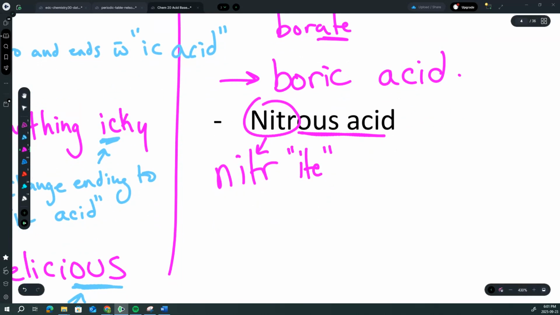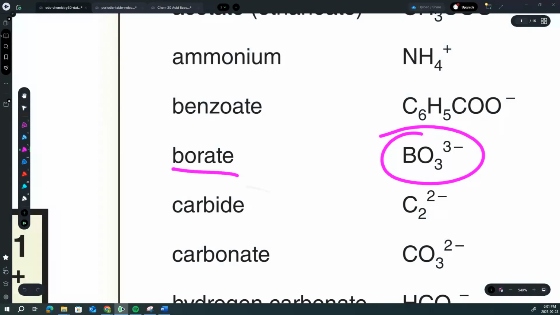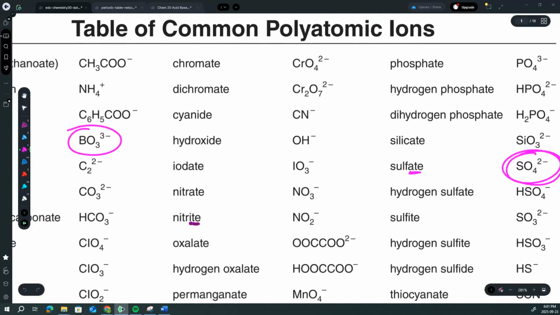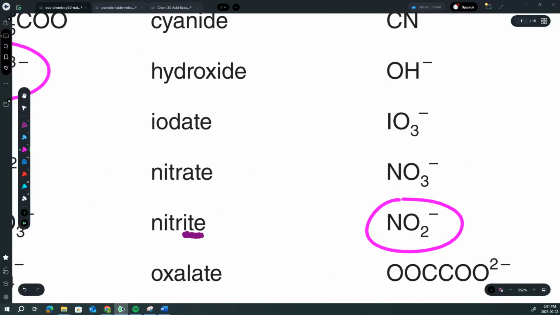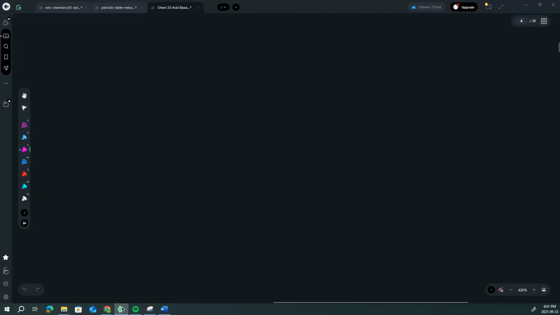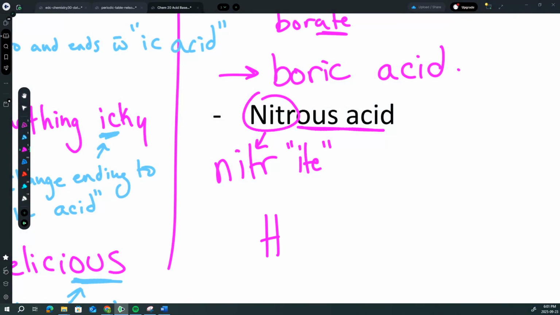So with nitrite, that's NO2. So we would go H NO2. Now, NO2 likes to have a -1 charge. Hydrogen likes to have a +1 charge when it's an ion. So these charges balance out, so it's all good.